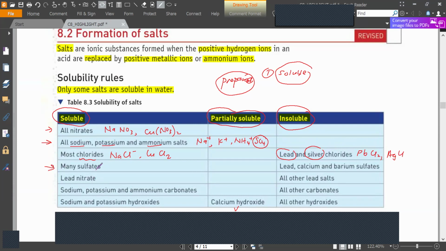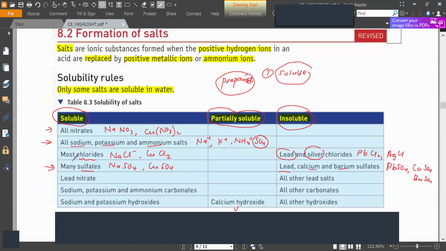Most of the sulfates are soluble. Sodium sulfate, copper sulfate, they are soluble. Exceptions: lead sulfate, calcium sulfate, and barium sulfate.